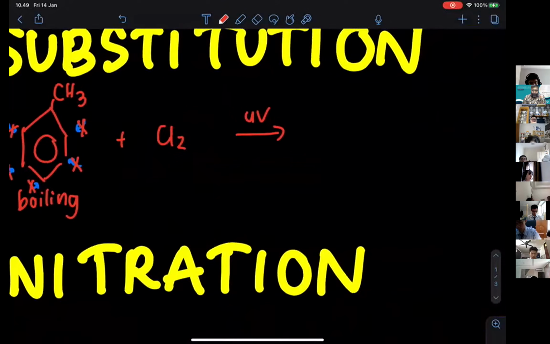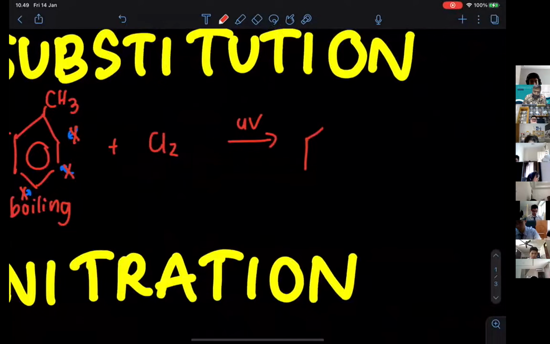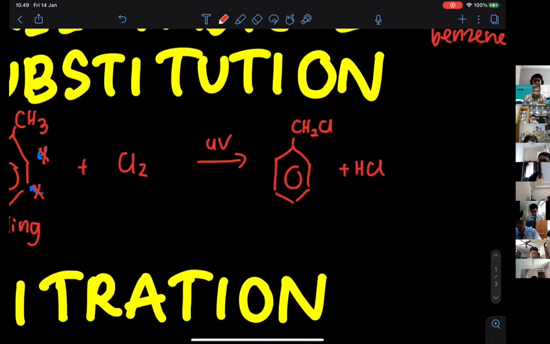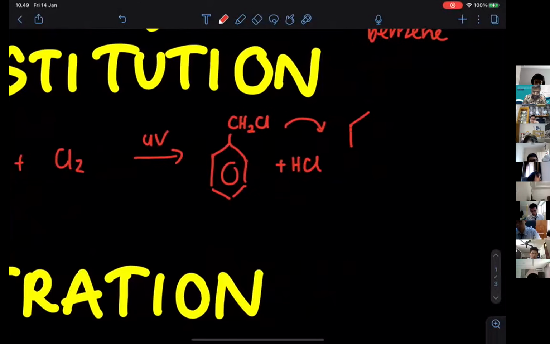What is going to happen is you have a benzene and the CH3, where one of the H is going to be substituted. You get CH2Cl plus HCl. And this is going to continue until all the hydrogen over there is fully substituted.